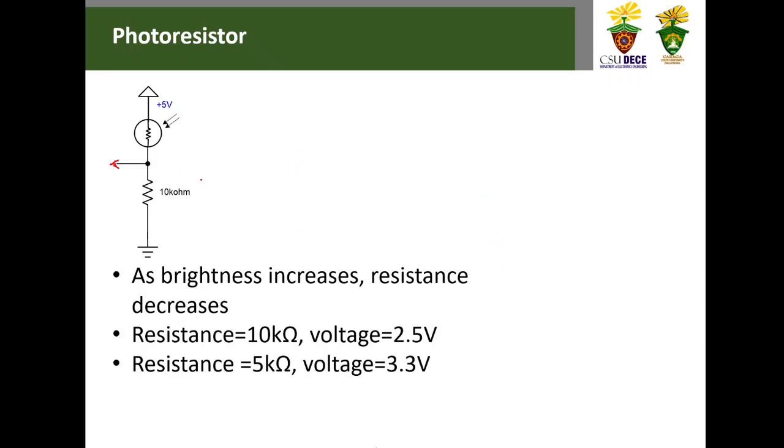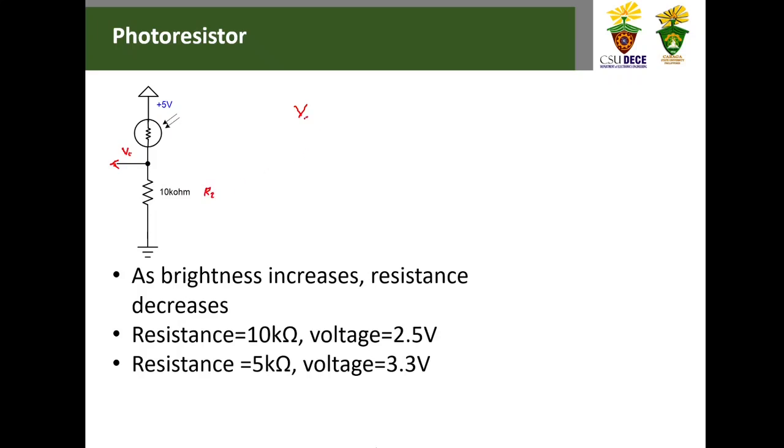So how would we measure this? For sure you know the computation of the voltage here, let's say V out. Let's say this one is our V out, and this 10 kilo ohms is R2.